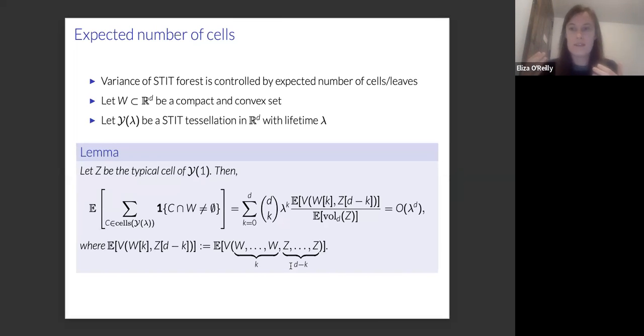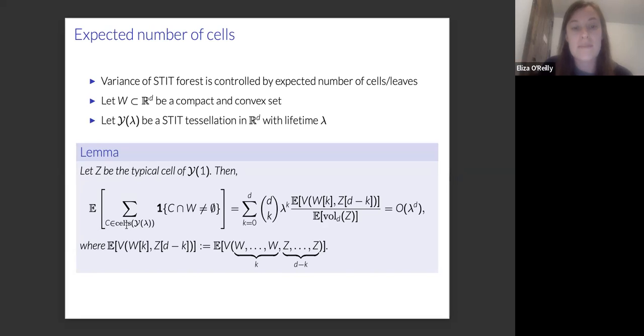We can think of that as how many cells you have generated in this compact window, or as how many cells in this infinite tessellation intersect this compact window.